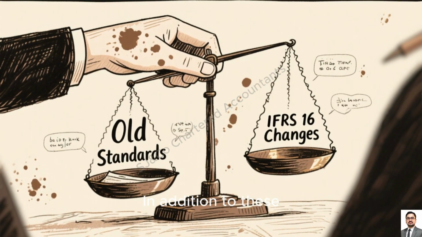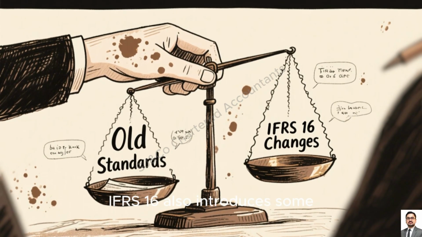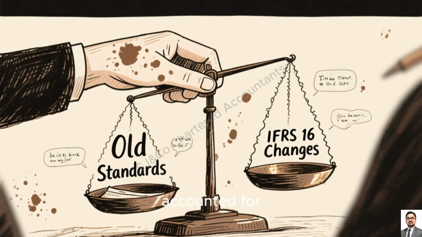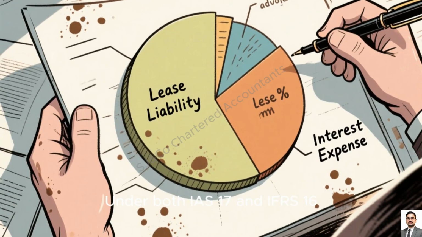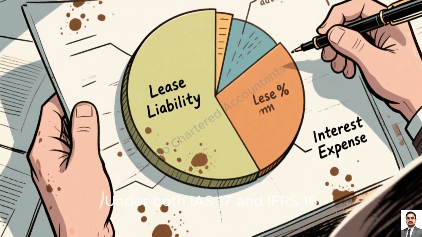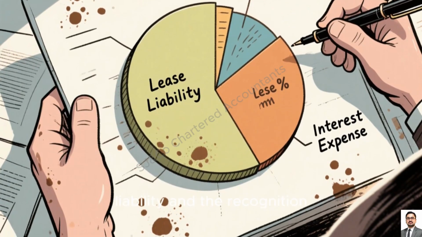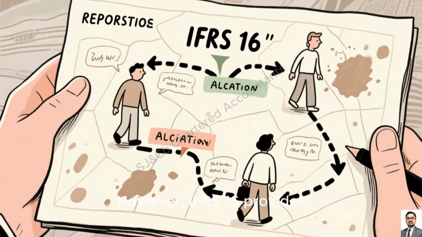In addition to these changes in recognition, IFRS 16 also introduces some modifications to how lease payments are accounted for. Under both IAS 17 and IFRS 16, lease payments are allocated between the reduction of the lease liability and the recognition of interest expense.